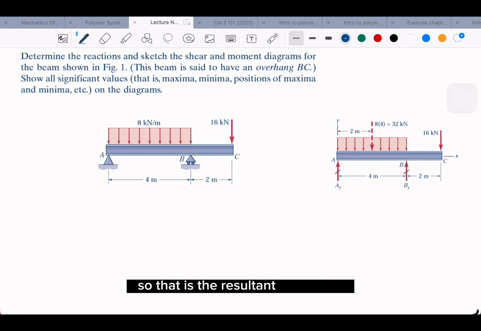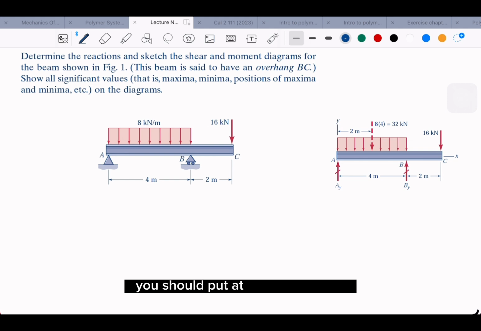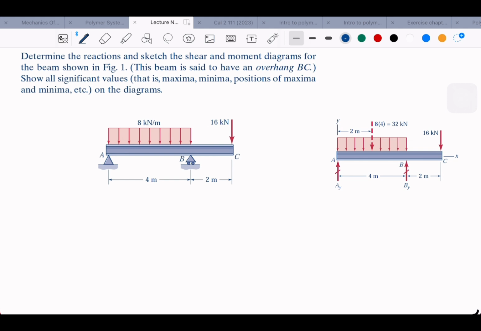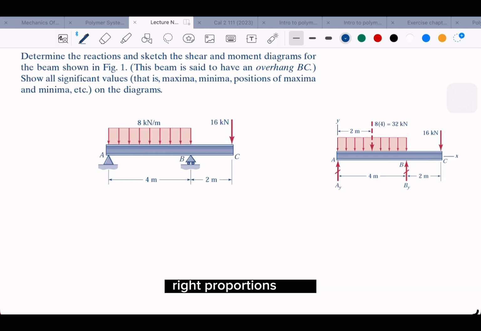So that is the resultant force, right? And where should we put it? If you have a rectangle, you should put it at the middle. If it's a triangle, it should be 1/3, 2/3, right? Proportions. So it's best to put it here, the middle. So you have the concentrated force, 32 kilonewton, 2 meters from the left. Okay, this is the resultant.